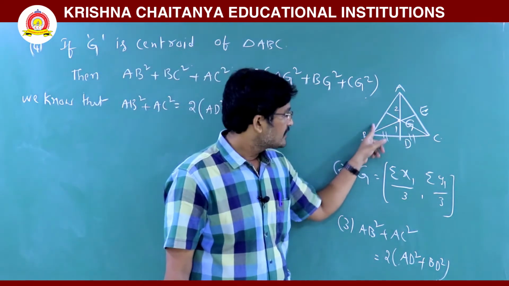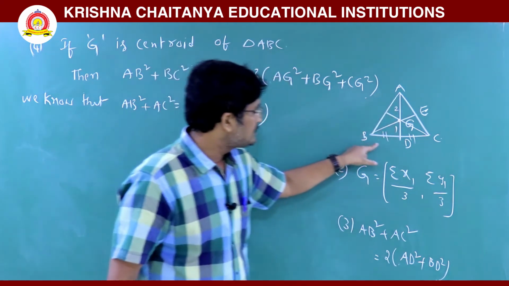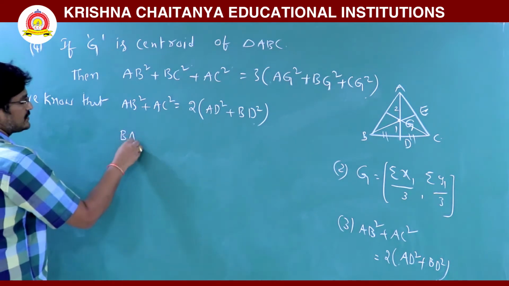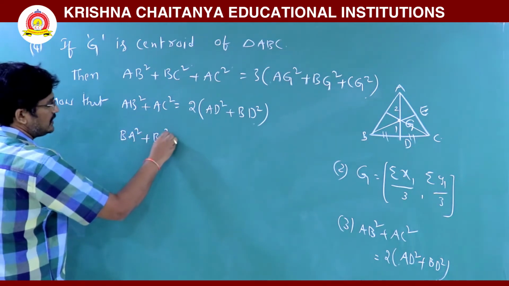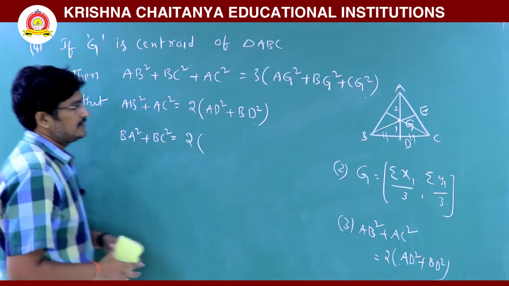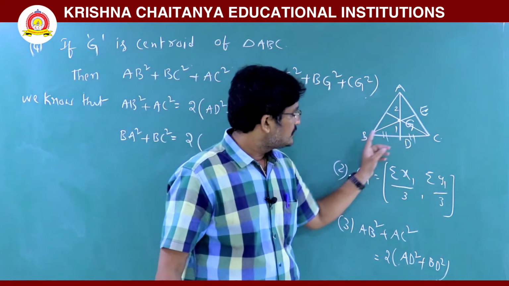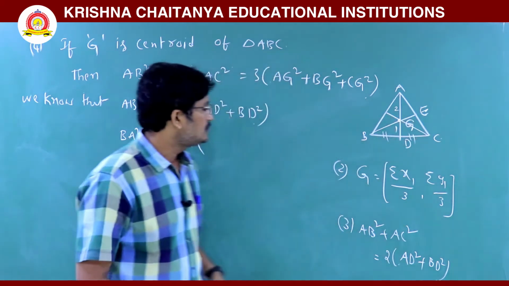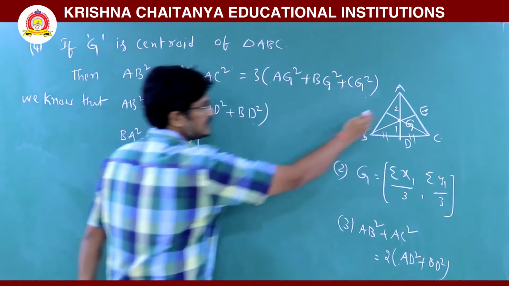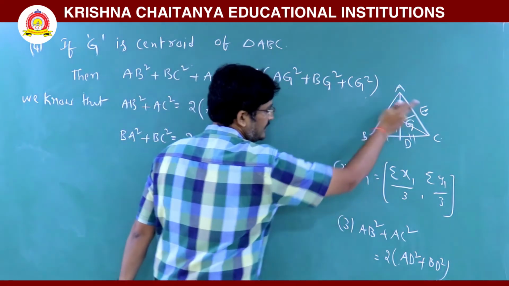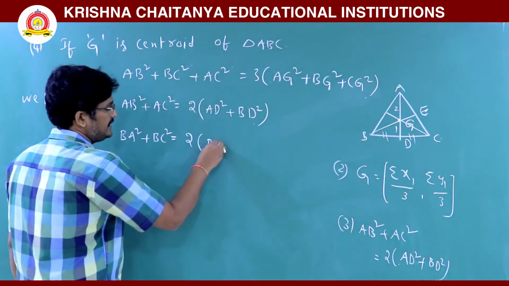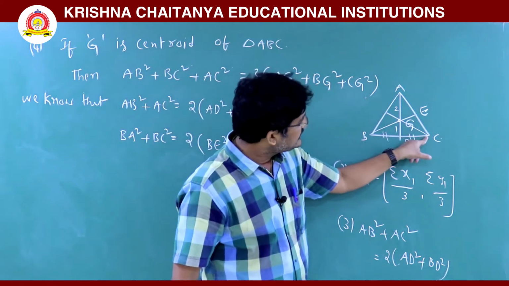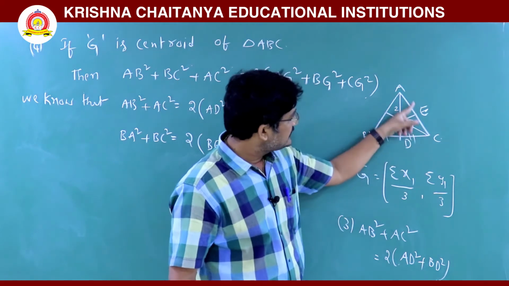Then BA square plus BC square is equal to 2 times of this median length BE square plus EC square, or BE square plus AE square.